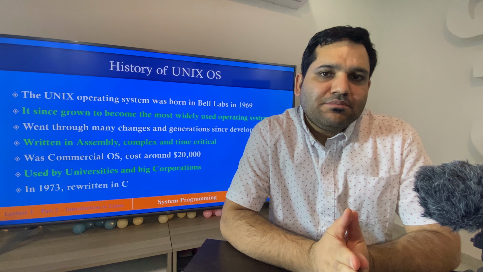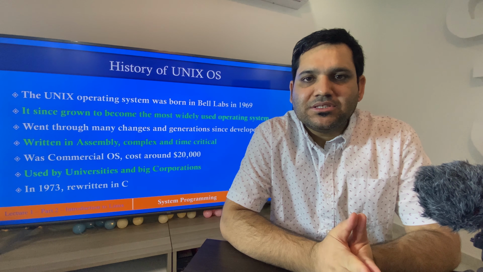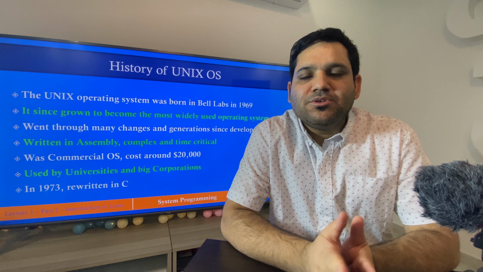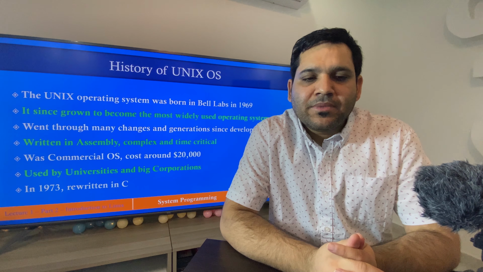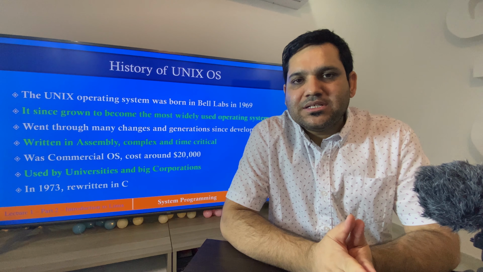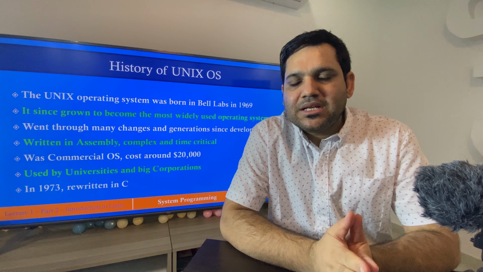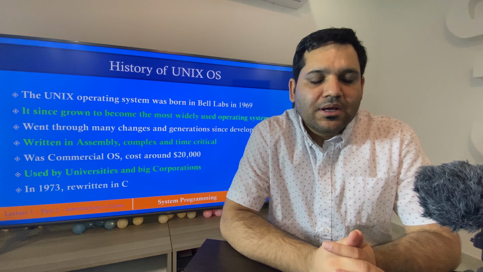Over the last 50 years, the Unix operating system and its distributions have been the most widely used operating systems, and there have been many variations and upgrades, but it is still one of the most widely used operating systems so far.